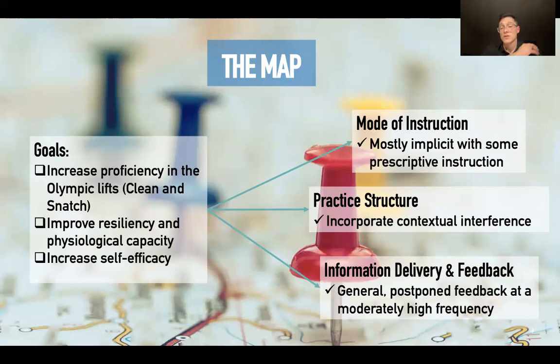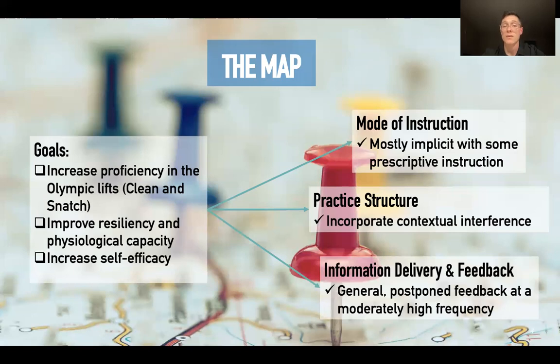Moving on to practice structure, one of the biggest things that we're going to talk about within the practice structure that we utilize with Danny is the concept of contextual interference. Contextual interference is essentially the degree to which the complexity of the task or the drill that we're doing is going to perturb performance transiently, in the acute sense.